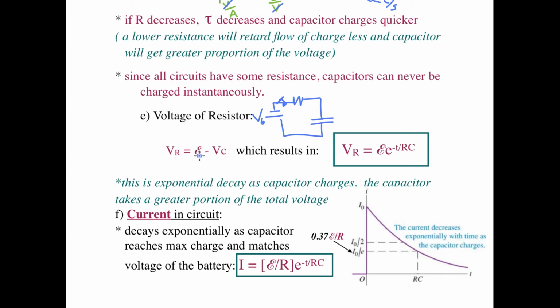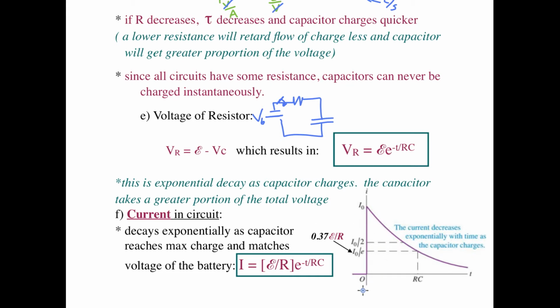So it would be equal to the voltage of the battery minus the voltage of the capacitor. The voltage across the resistor will decrease as the capacitor charges. So again, exponential decay.